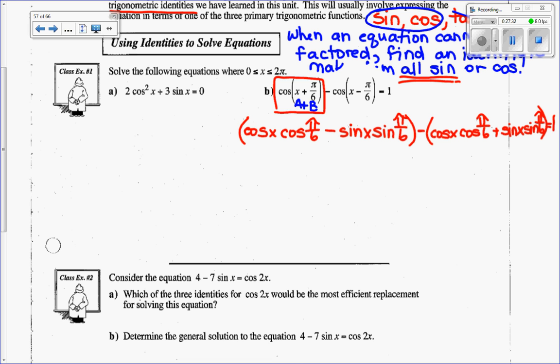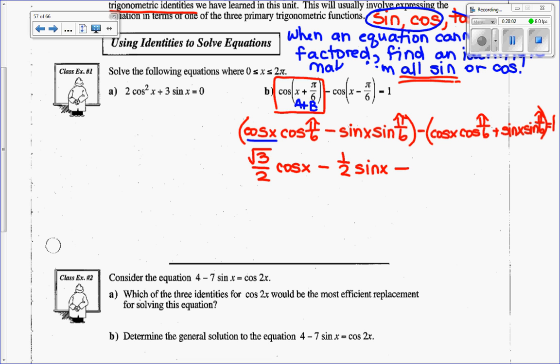Now here's where we're going to use what we know. We look at our unit circle. Obviously we can't find cos x there, but we can find cos of pi over 6. That's cos of 30 degrees, and that is root 3 over 2. Then we still have this cos x, minus sine of pi over 6, which is a half, times sine x.